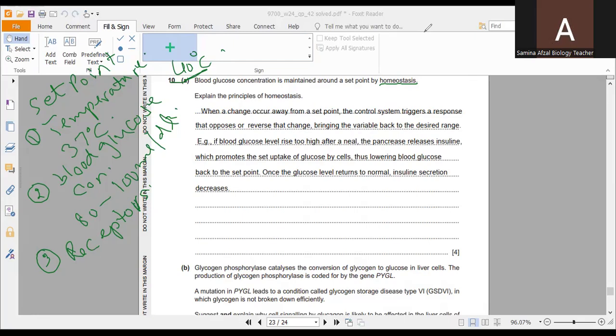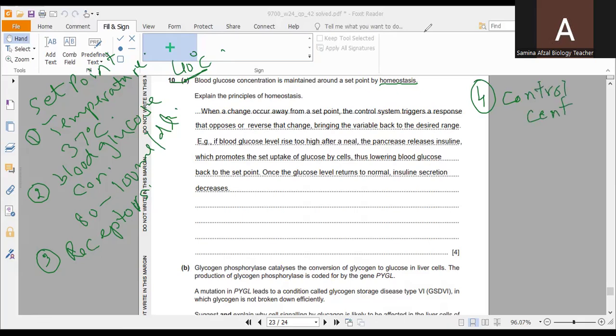This will be detected by our body receptors, which detect the change taking place in these different types of variables. Then the message will be sent towards the control center.